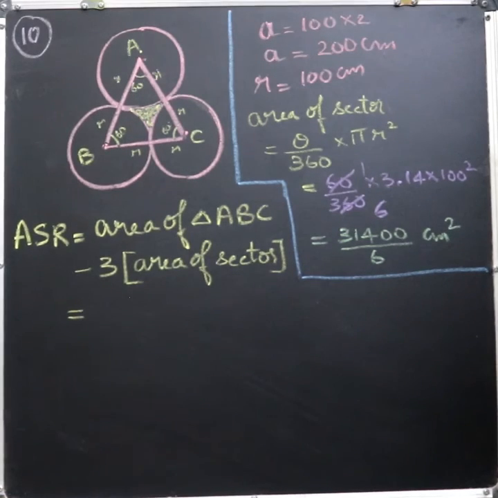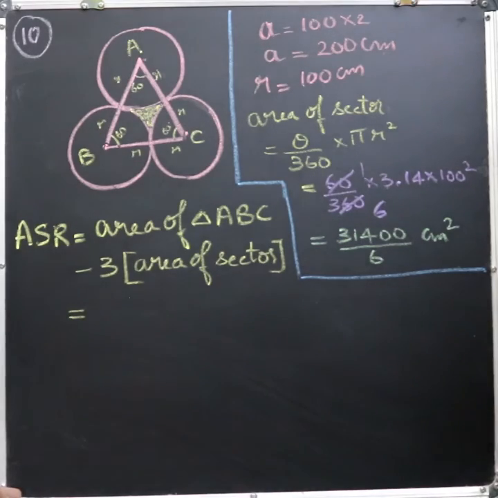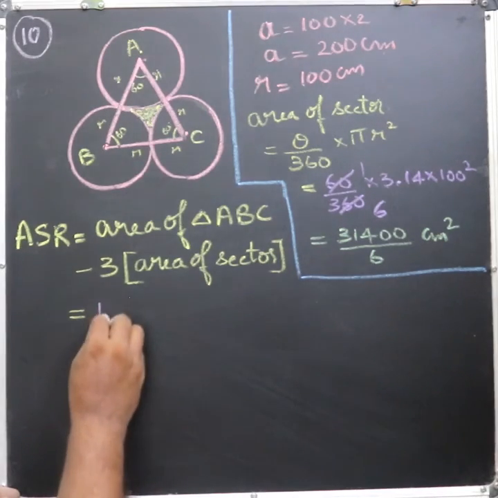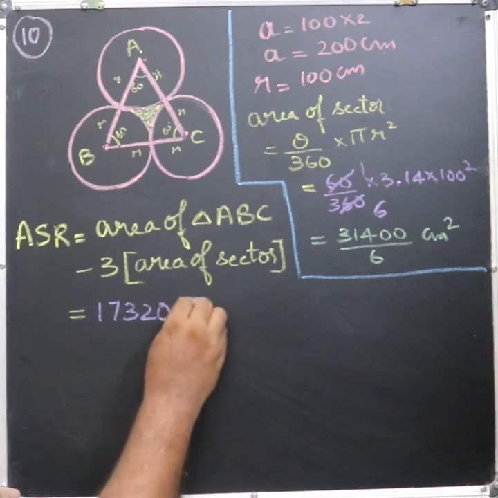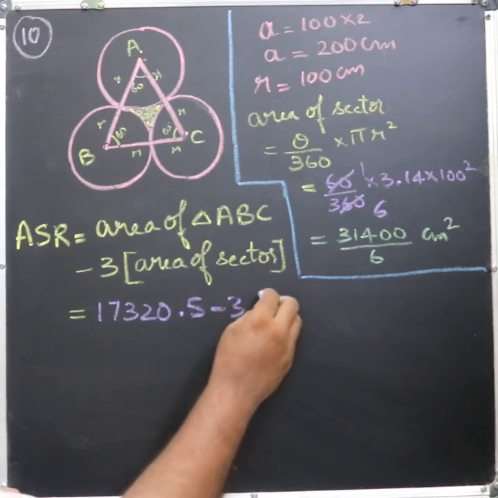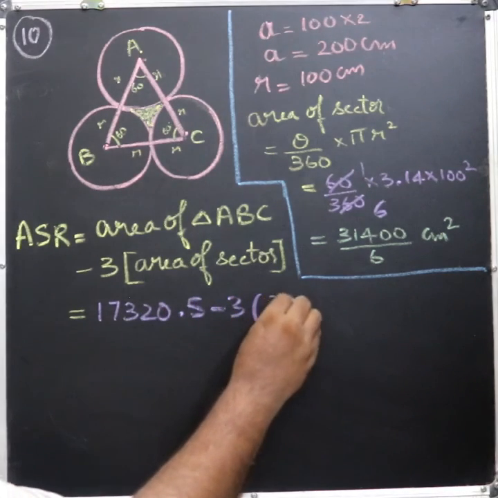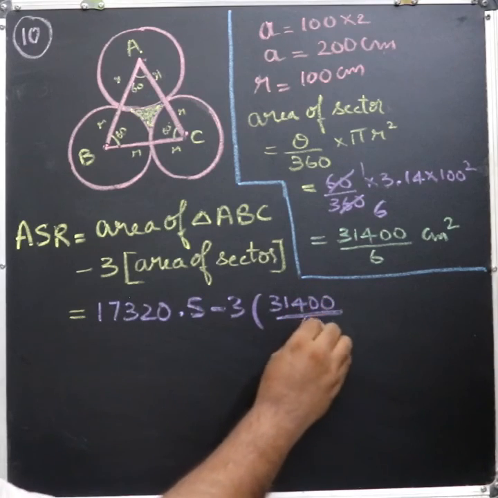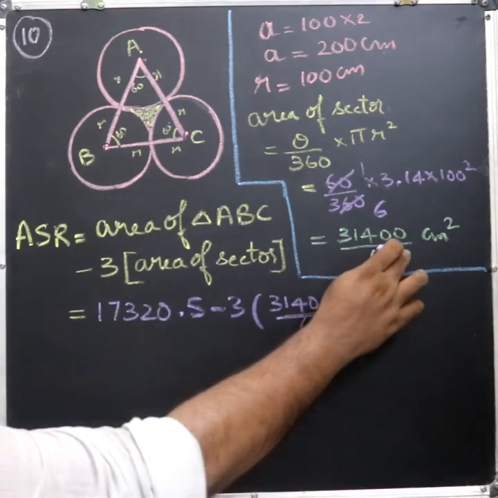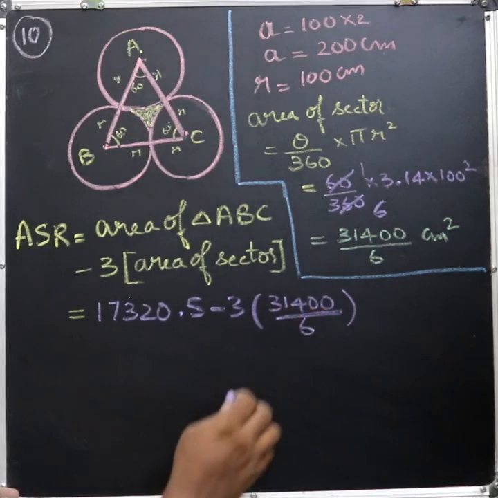Substituting the value, we already know the area of triangle ABC. It is given in the question. We add 17320.5 minus 3 times 31400 divided by 6. I have substituted the area of one sector here.